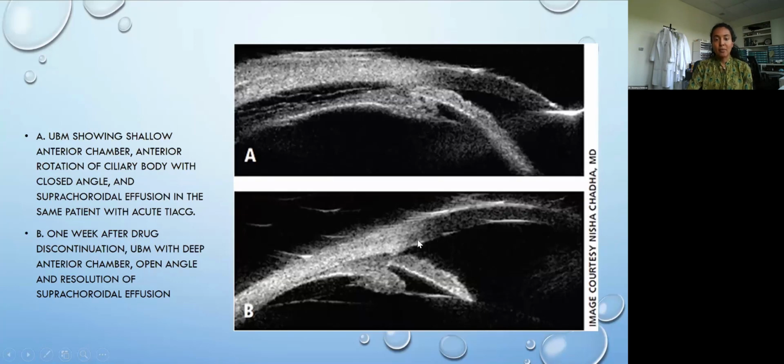And so then the angles opened up on ultrasound biomicroscopy, and you can see a much deeper anterior chamber and open angles, and there is a resolution of suprachoroidal effusion. So again, a big thing to remember with Topamax is angle closure glaucoma.